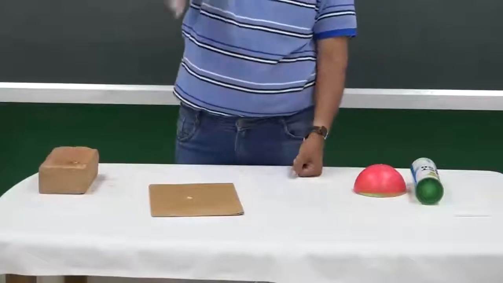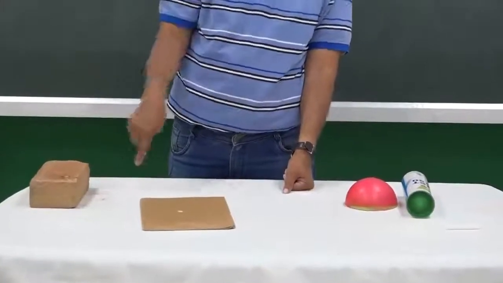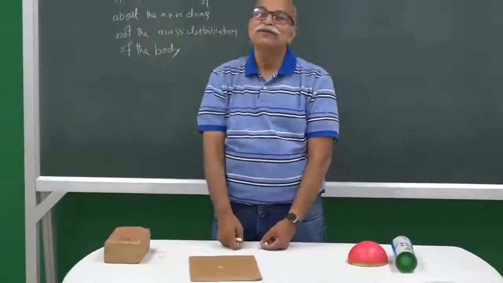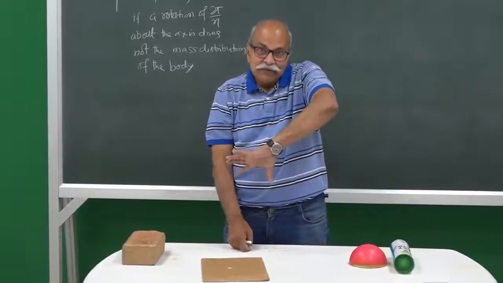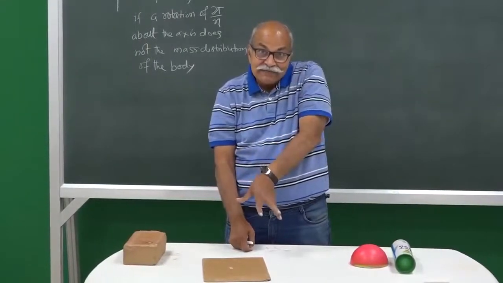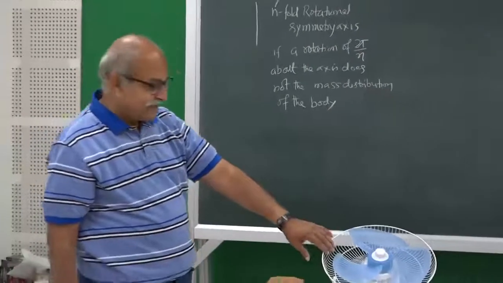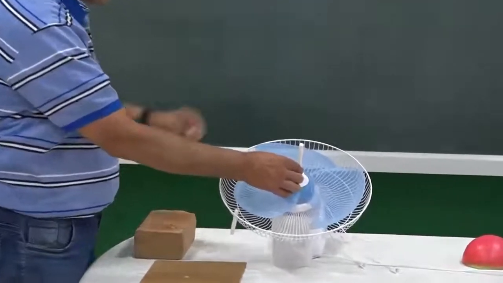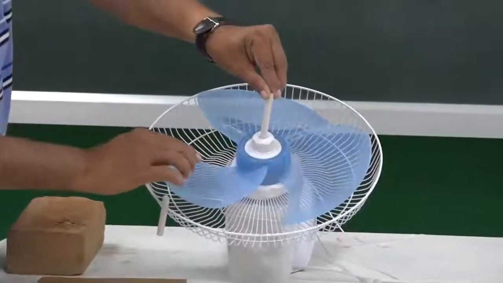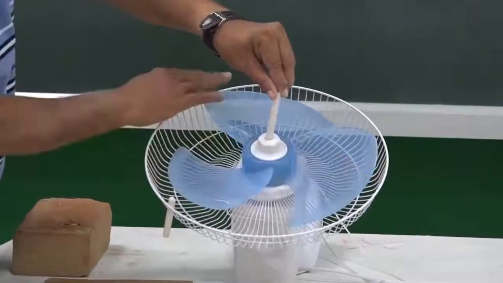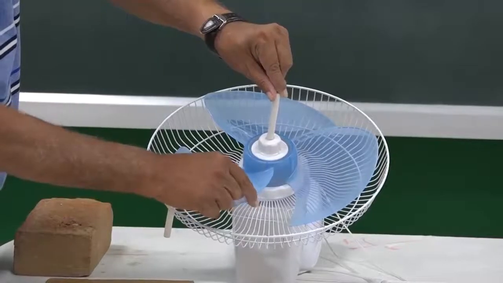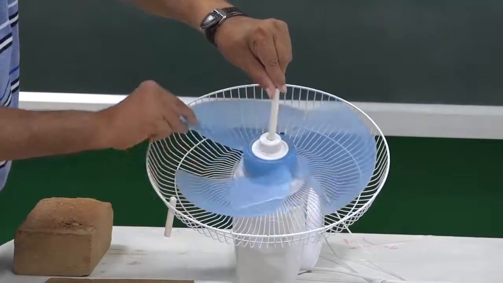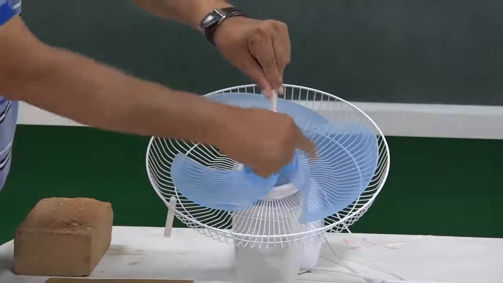So, this axis is a two-fold rotational symmetry axis. Similarly, suppose you have an equilateral triangular plate, and you are at the centroid, and you draw a line perpendicular to the plane and rotate by 2 pi by 3, 120 degrees. Now look at this object, this fan. This blade is here, this blade is here, this blade is here. I rotate this fan by 120 degrees and I obtain the same mass distribution.